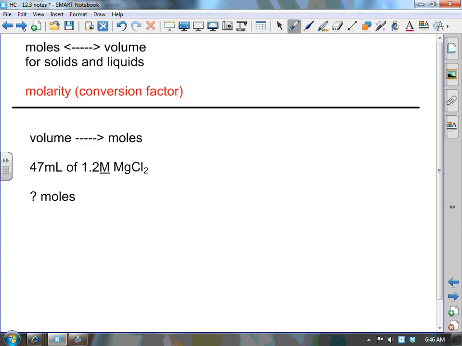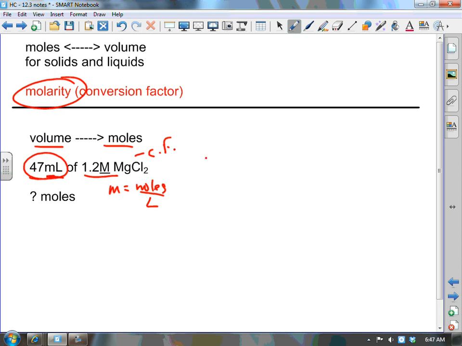All right, so remember, we already talked that molarity is a conversion factor. Okay? It's a way to relate moles and volumes between solids and liquids. So let me give a simple example here. If I'm going to go between volume and moles, I have 47 milliliters of a 1.2 molar solution. And this is our conversion factor. So I need to go from volume to moles. Now remember, molarity is moles per liter, and I got 47 milliliters.